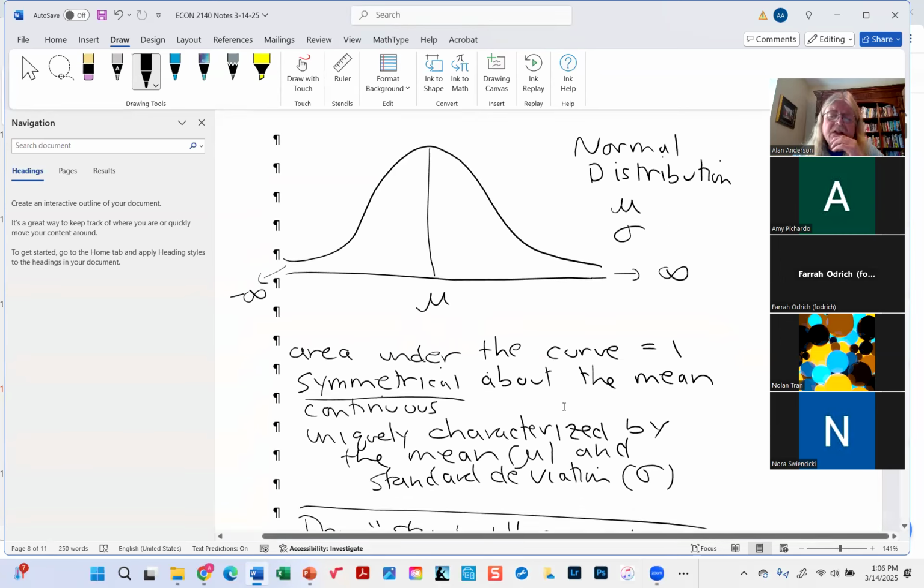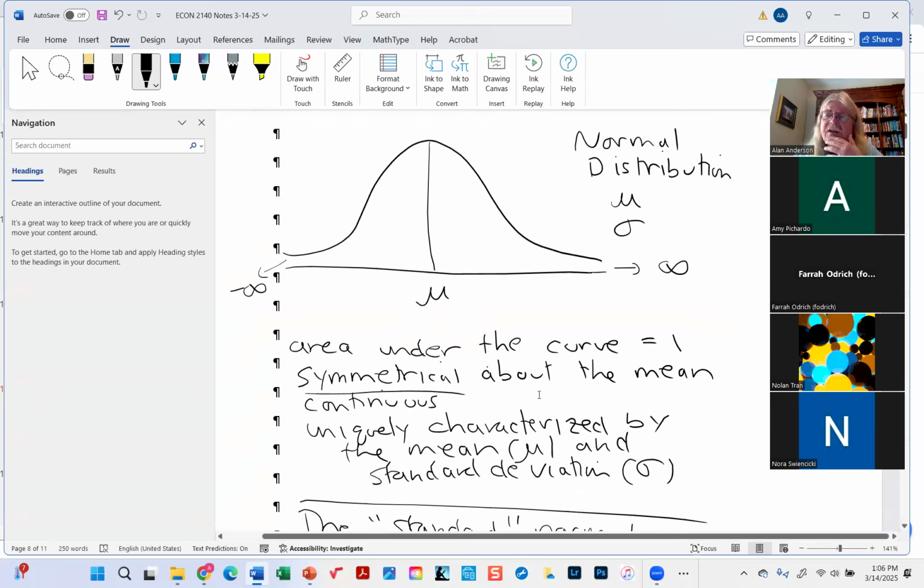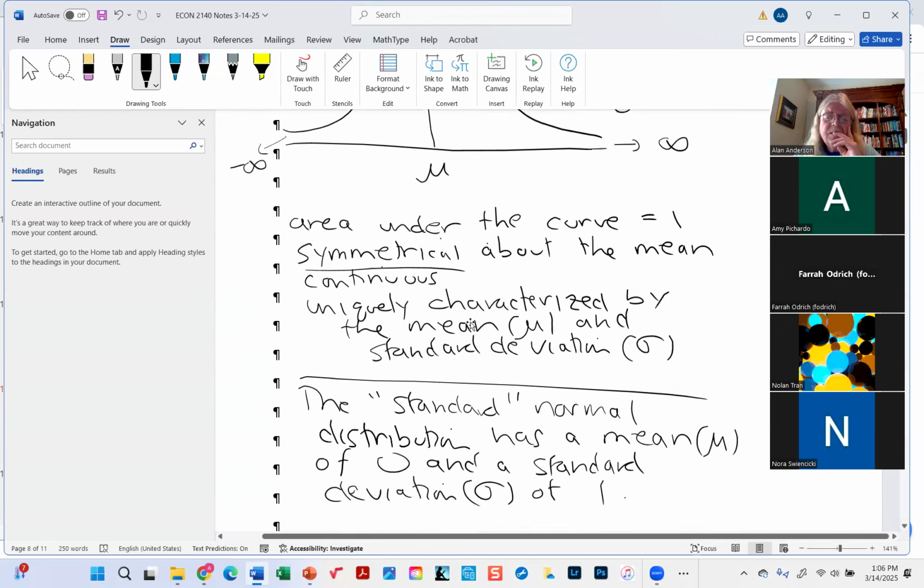Now, we also mentioned that it is uniquely characterized by the mean and the standard deviation, so that in principle, there could be an infinite number of normal distributions, each with a unique value of the mean and the standard deviation. As we saw when I was drawing them on the board, the mean tells us where it's located on the real number line. The standard deviation tells me how spread out it is.